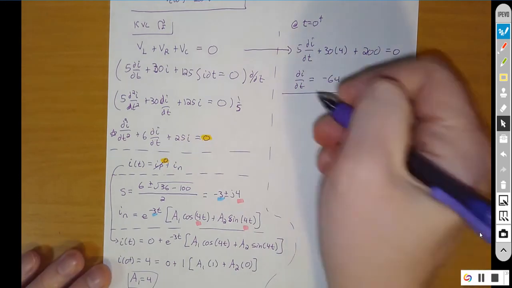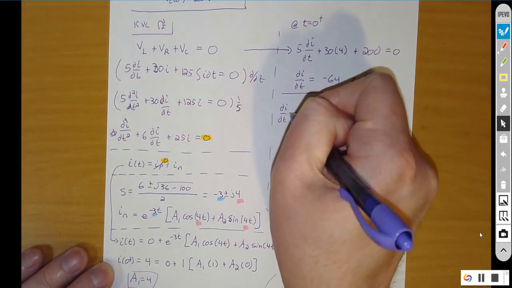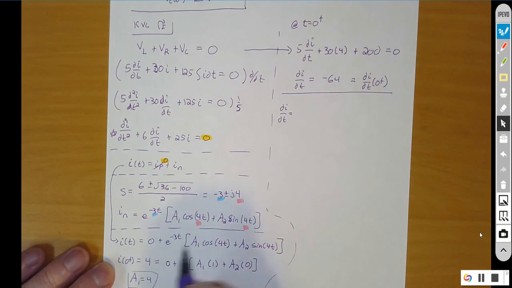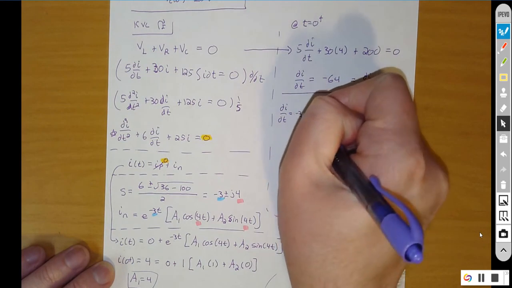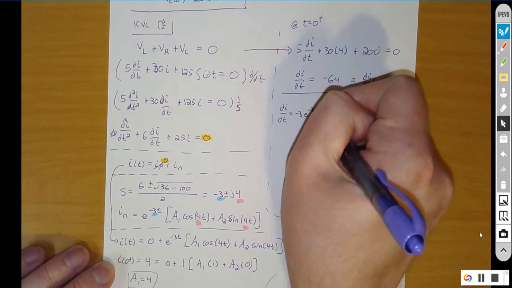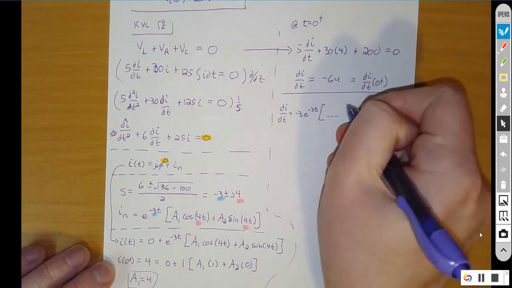So di/dt for our equation down here: we have an e to the negative 3t, so that becomes negative 3 e to the negative 3t, and the inside stays the same, so I'm not going to rewrite it. It'll be all of this stuff.